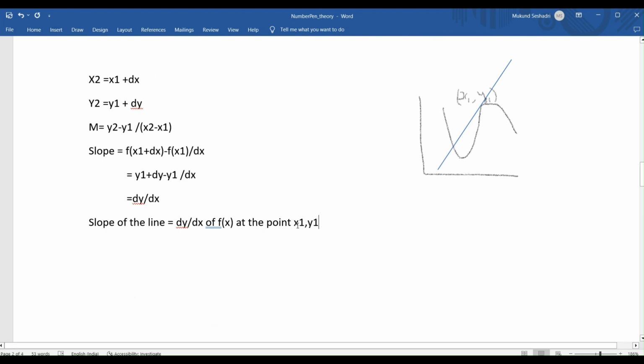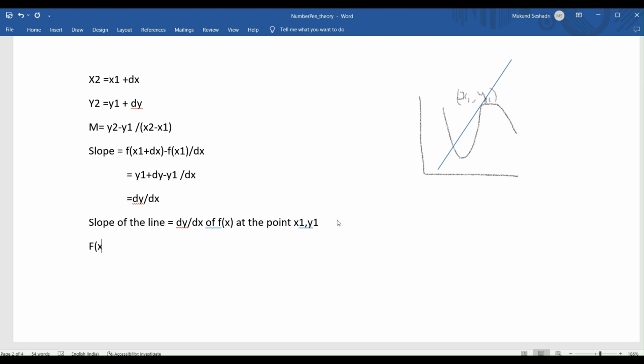So this is how we arrive at the slope of the line through any particular point on the curve, which is given by the first order differential of that equation, right?